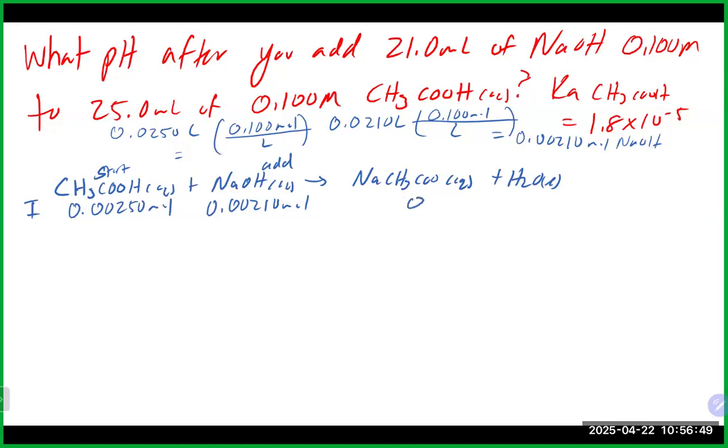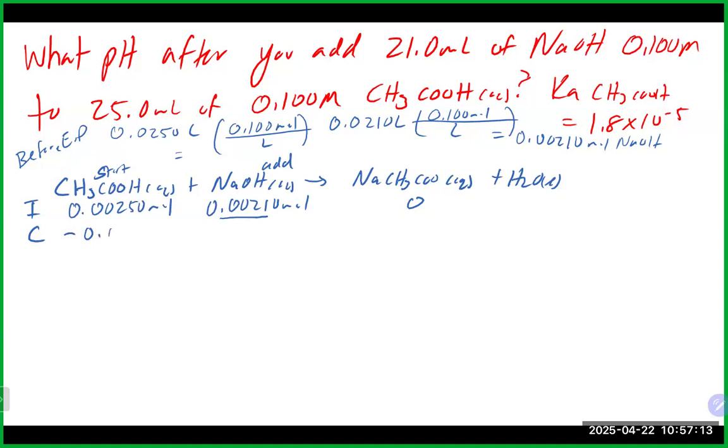And 0 here. So once again, we can analyze where we're at, and we are definitely before the equivalence point. Again, the moles of what we're adding is less than what we're starting with. So we are definitely before the equivalence point in this case. That means that the change here is going to be our base that we're adding.